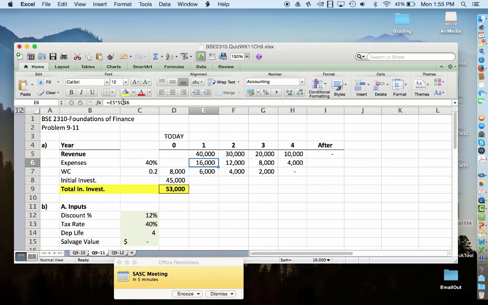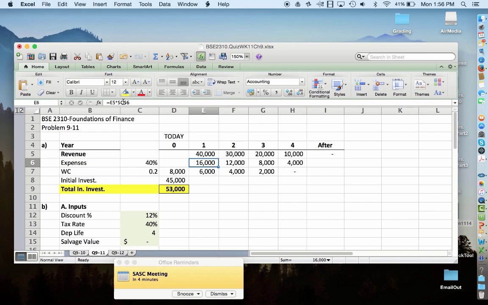And then I need to handle this working capital. Again, it says working capital required each year is expected to be 20% of the revenues in the following year. That tells me that today I'm going to have working capital that's 20% of next year's revenue. So I have my line that says working capital.